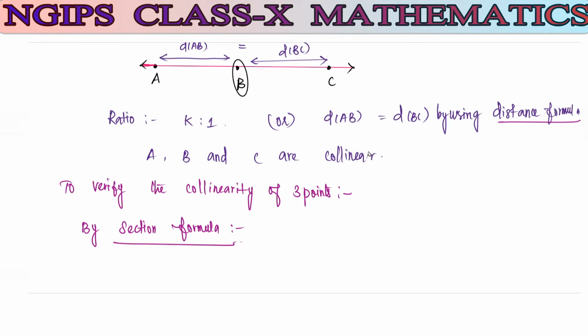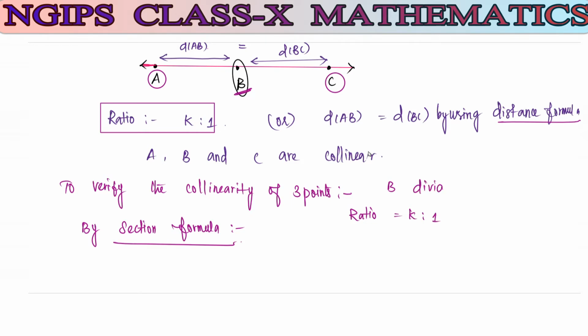If you look at this diagram, first we have to assume that this particular point B divides A and C in the ratio of K is to 1.